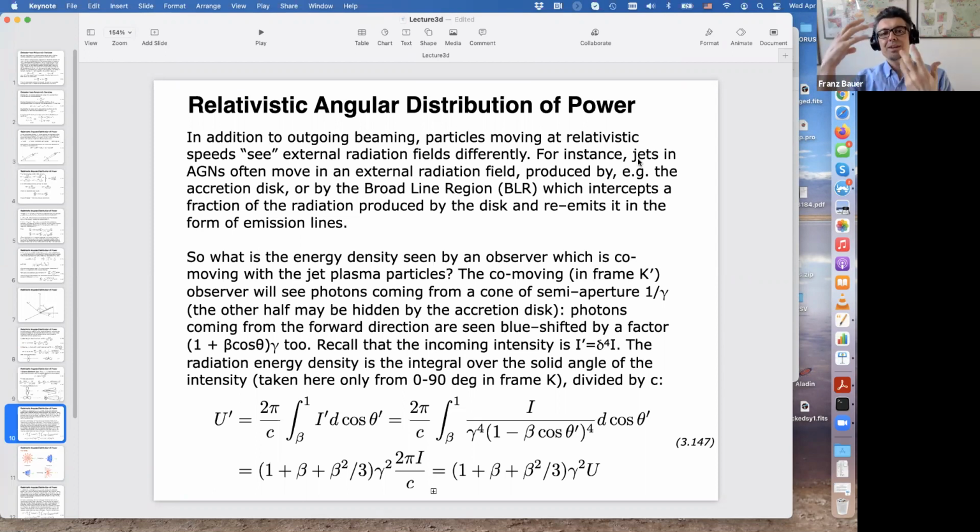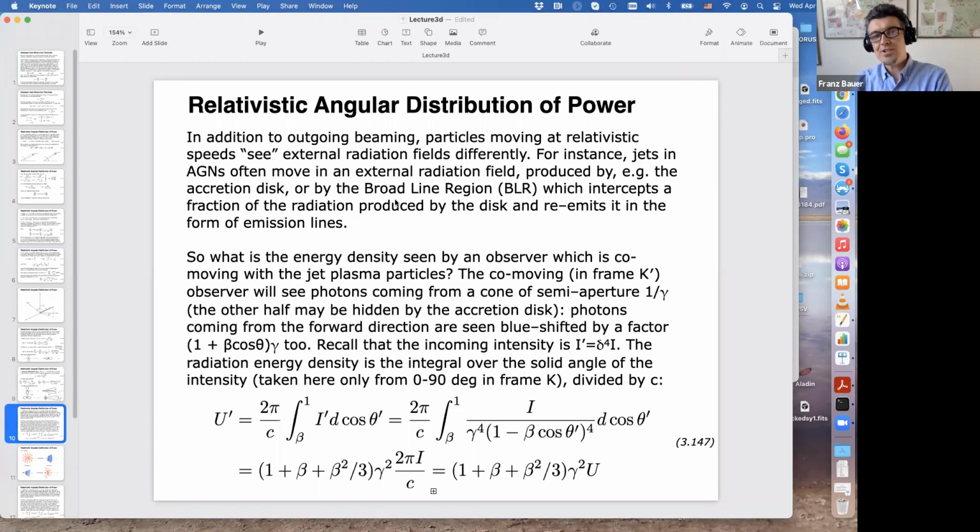The radiation field might be isotropic in our reference frame, or in the reference frame of the galaxy, but to the electron or to the blob of material that is moving through it at some speed close to the speed of light, it's going to see that field differently.